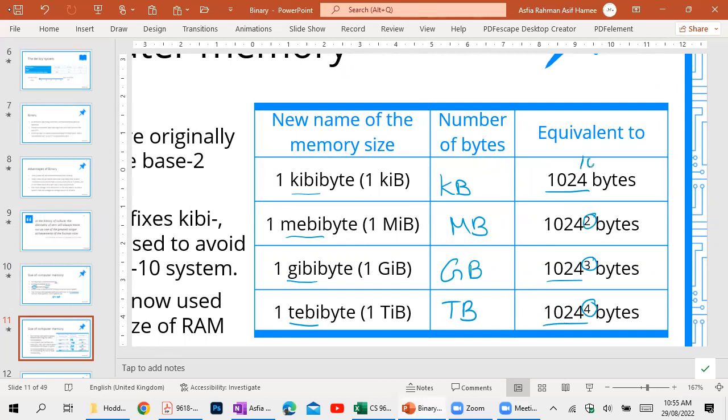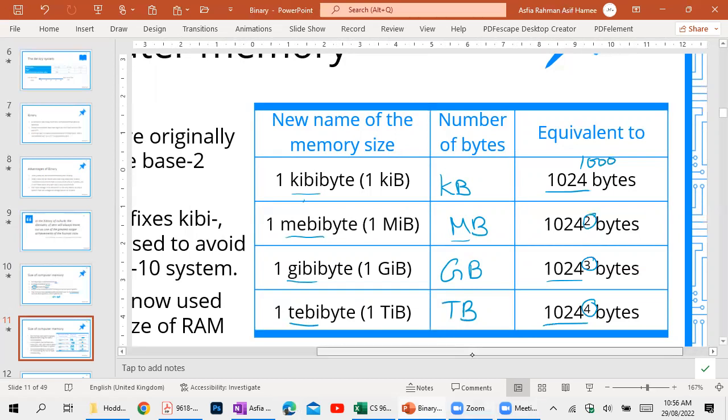It is not 1000. When we are talking about kilo, the kilo value is actually 1000, right? And for mega, it's 1000 power 2, meaning the multiples of 1000. So the actual names are like this, but because the consumers or customers were not familiar with these different kinds of names, the general names are now being used.